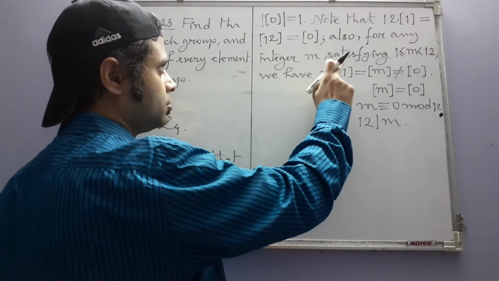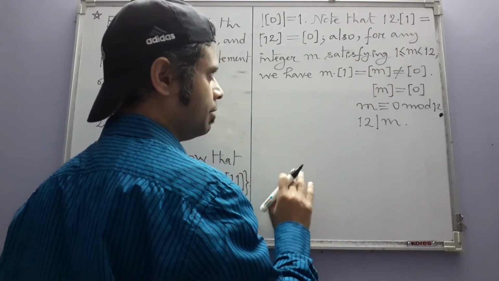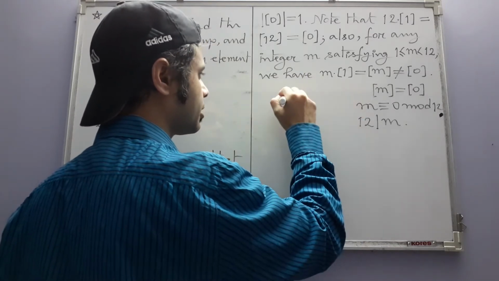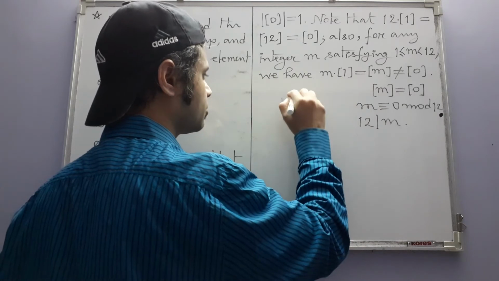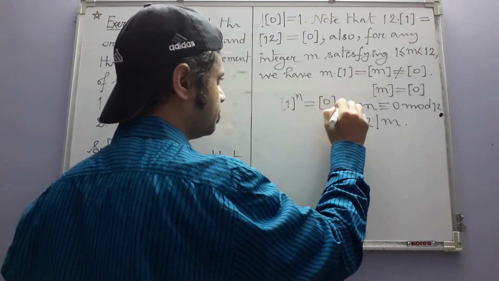So 12 is the smallest positive integer n for which n times 1, or in other words, the nth power of this congruence class, is the identity.